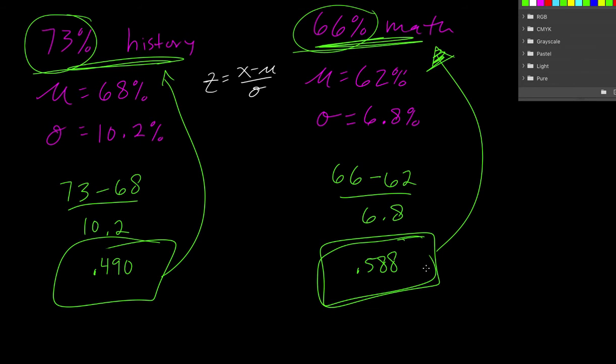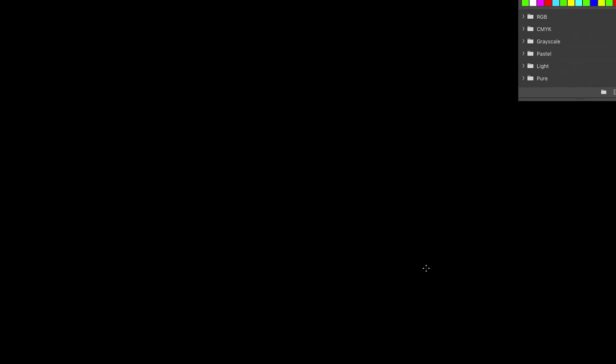Okay. Now we're going to move on. It says use technology to illustrate and calculate. So we're given the probability of negative 0.41 is less than or equal to z is less than or equal to 0.67.